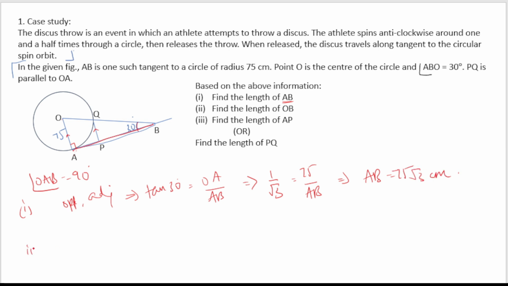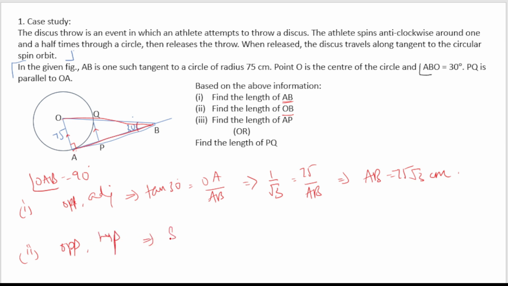Second one, find the length of OB. OB is the hypotenuse for this right angle triangle. We can use the Pythagoras theorem or we can use the trigonometric ratio again to find the OB length. For angle 30, we have the opposite side and we need the hypotenuse.